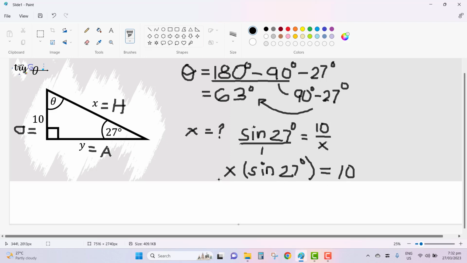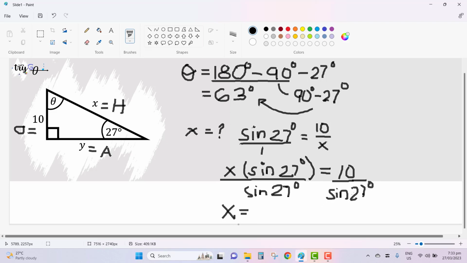And with this, we will be dividing both sides by sine 27 degrees, so that what remains on one side is only the value that we are solving, x. In short, the value for x is 10 divided by sine 27 degrees.